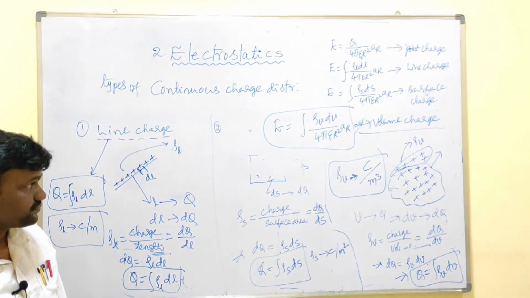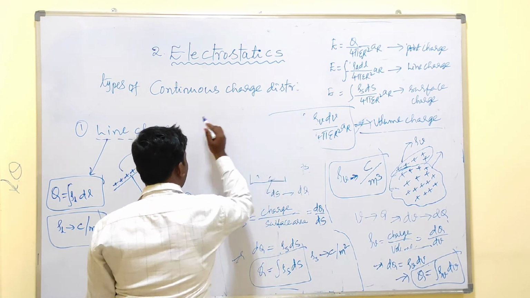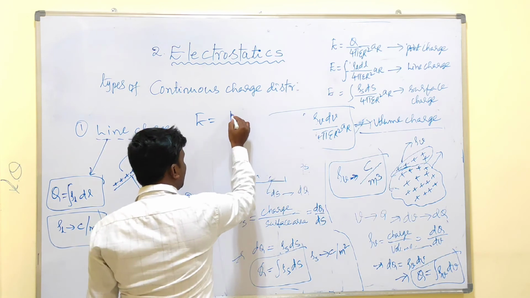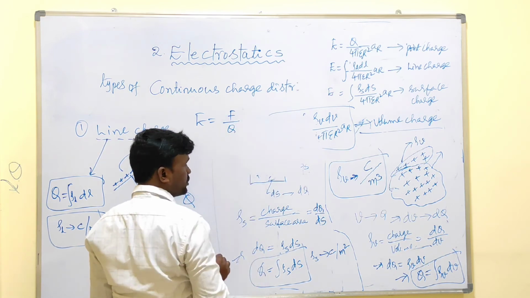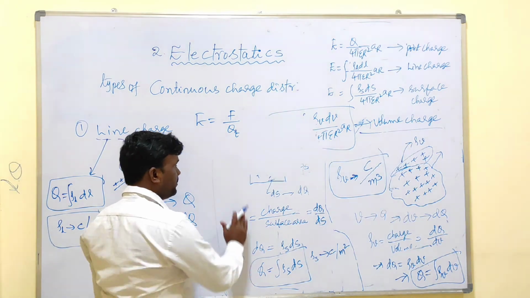Okay, and I had given a simple definition of electric field intensity. What is the definition? It is nothing but force per unit test charge. Why do you need to define it like this?